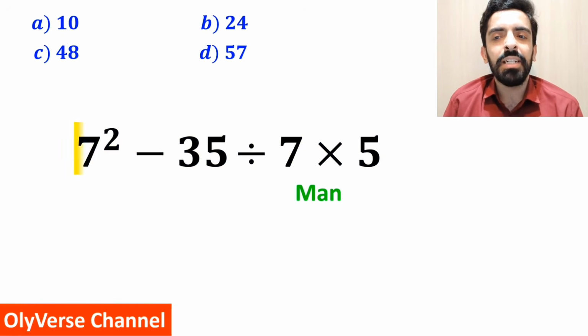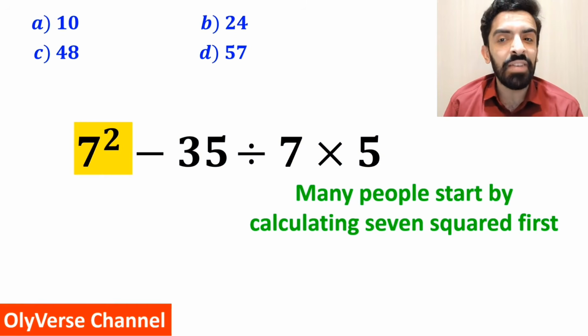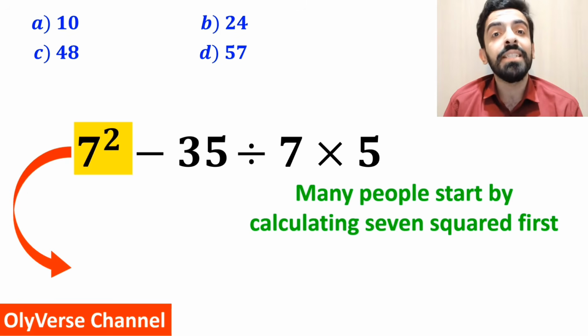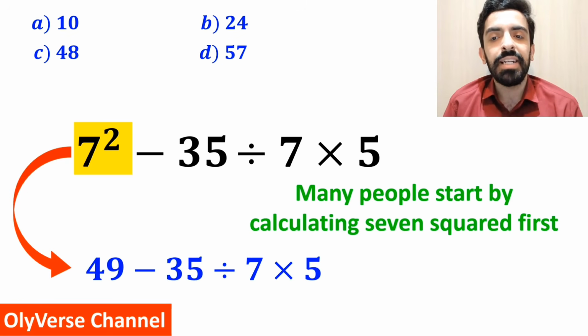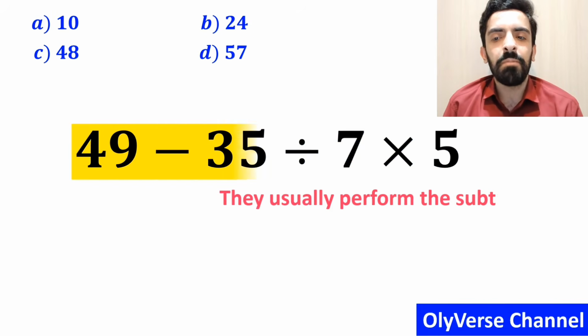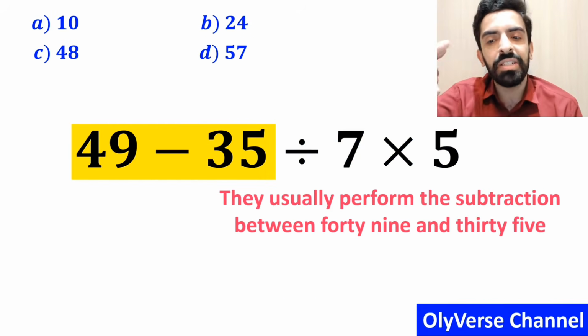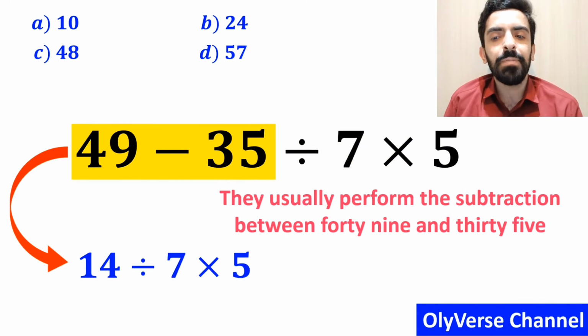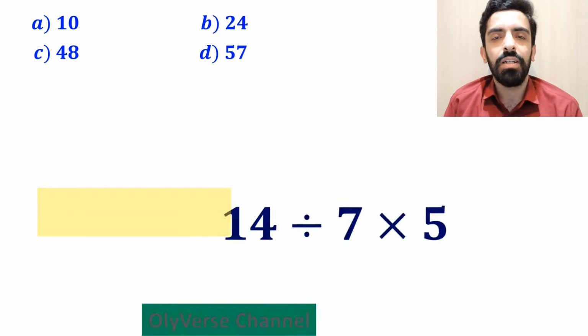To solve this question, many people start by calculating 7 squared first, and instead of the original expression, they rewrite it as 49 minus 35 divided by 7 multiplied by 5. And the next step, they usually perform the subtraction between 49 and 35 and simplify this expression to 14 divided by 7 multiplied by 5.